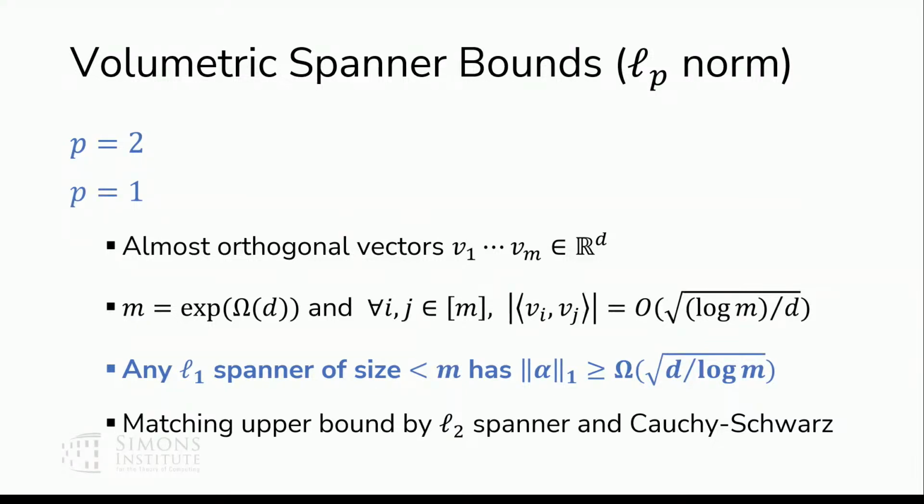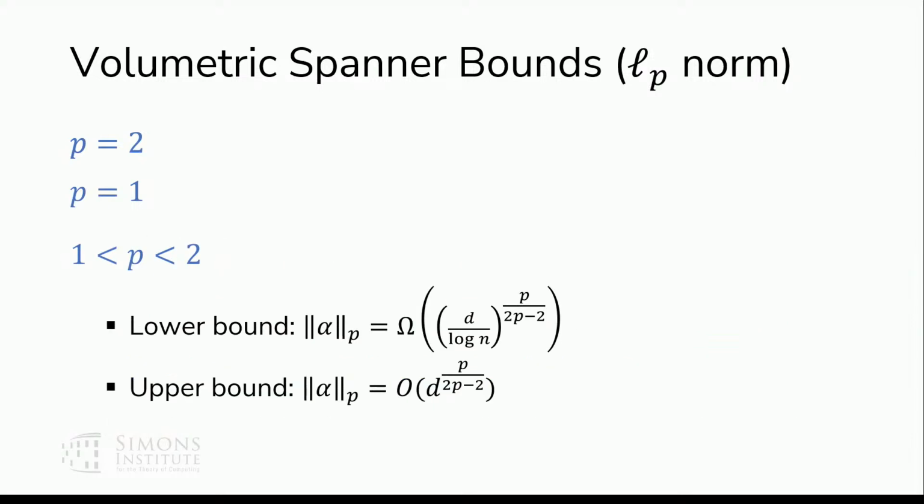Actually, what you get from the L2 spanner by just doing Cauchy-Schwarz gives the matching bound here, a bound on the L1 norm with order d vectors. So basically, this is optimal.